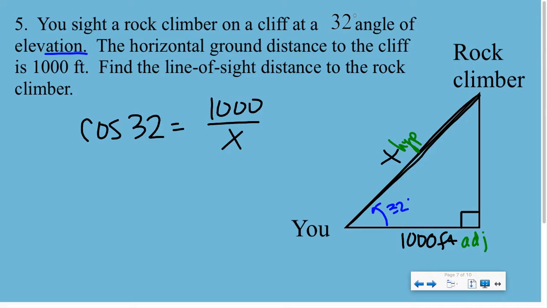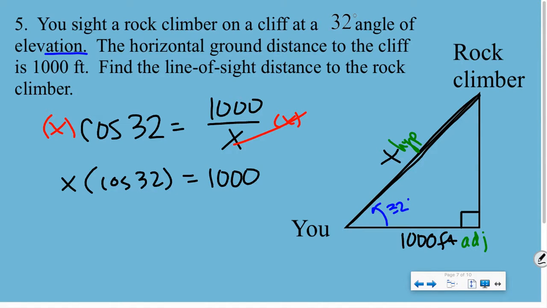Let's see, how would we put this into the calculator? You would do x, or wait. You weren't here for this? Okay, let's get x by itself. So if it's in the denominator, good. So we're going to multiply both sides by x. And then I have x times the cosine of 32 equals 1,000. Now, these are being multiplied, so how do I move cosine over?